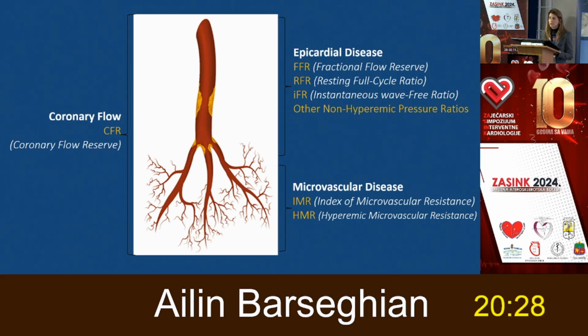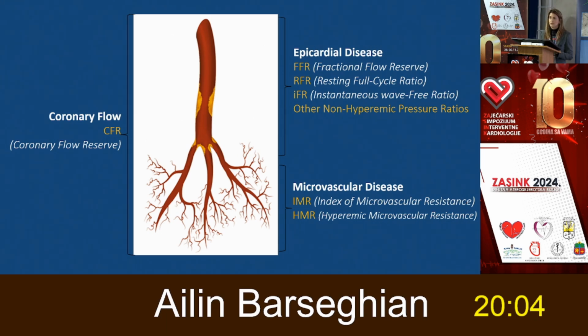So coronary flow reserve is the flow in the entire coronary circuit at maximum hyperemia. And we generally use coronary flow reserve after we've ruled out obstructive disease in the epicardial vessel. And obstructive disease in the epicardial is either a lesion greater than 50% visually, angiographically, or an FFR less than 0.8.